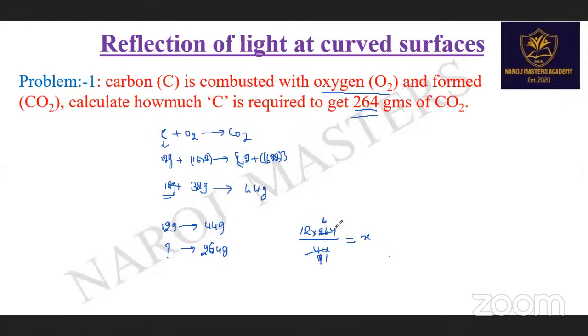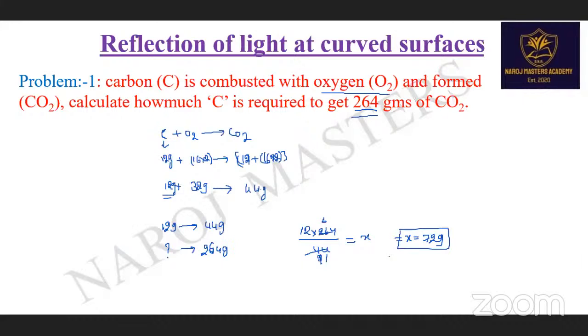So x is equal to 72 grams. So 72 grams of carbon is required here to get 264 grams of carbon dioxide.